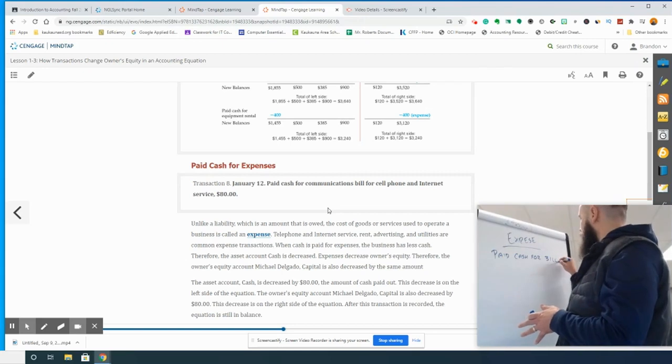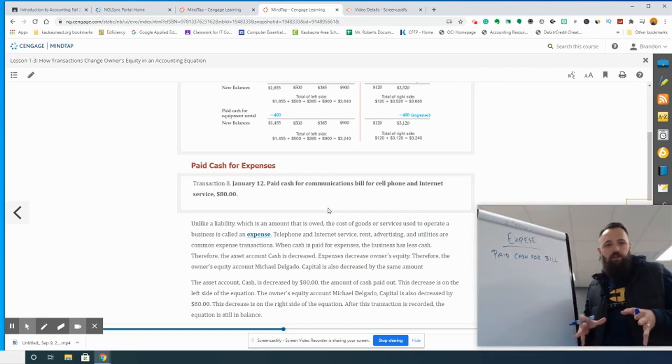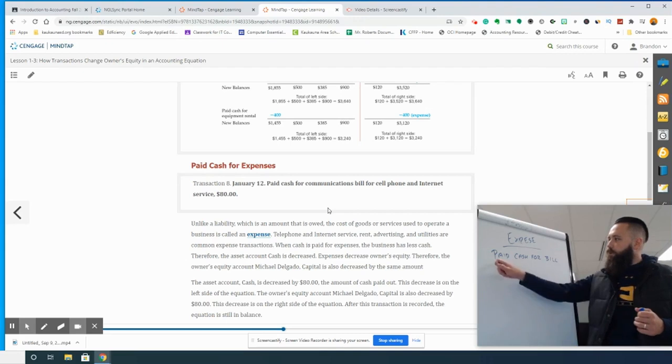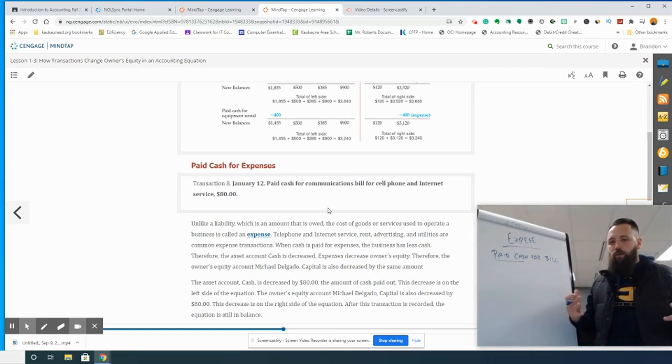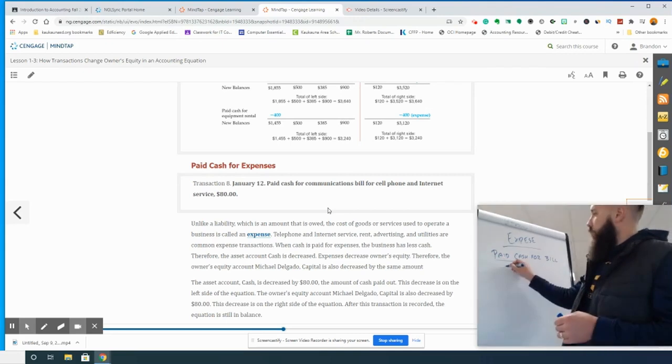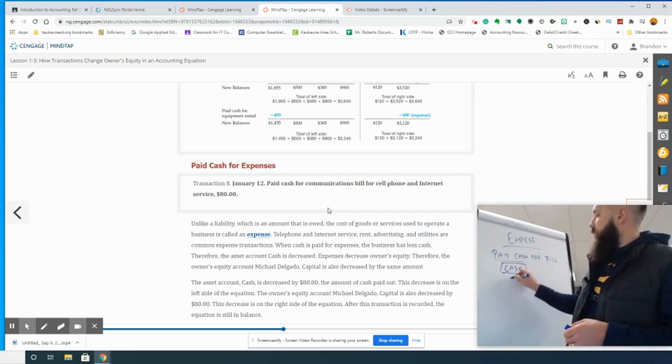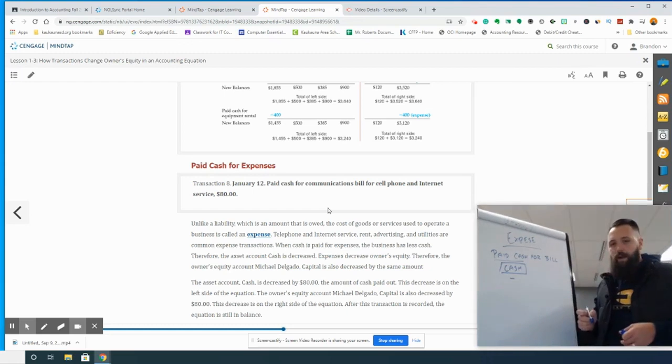We don't have to put all that other stuff there. Looking at this, we do the same thing with any transaction. We say, what are the parts of this transaction that are going to change? Well, we paid cash, right? So we know that cash is going to be affected. So cash, being the asset that we use, is going to go down. What happens over here?